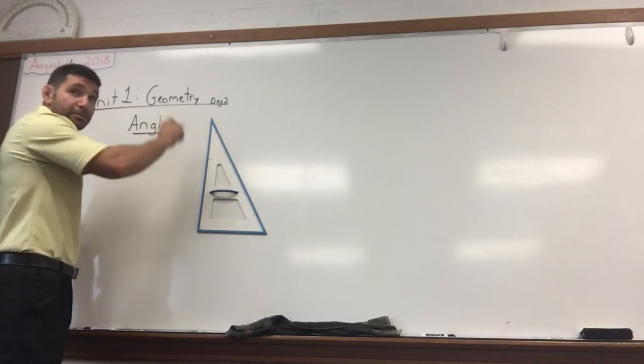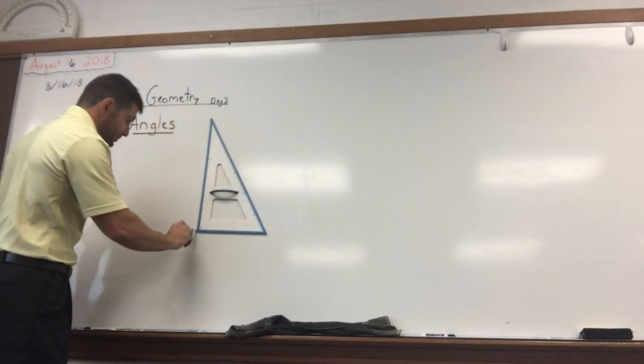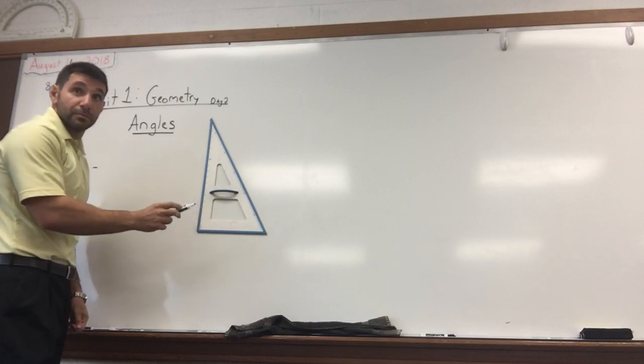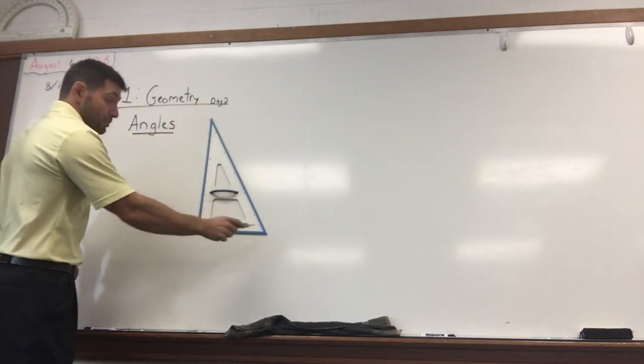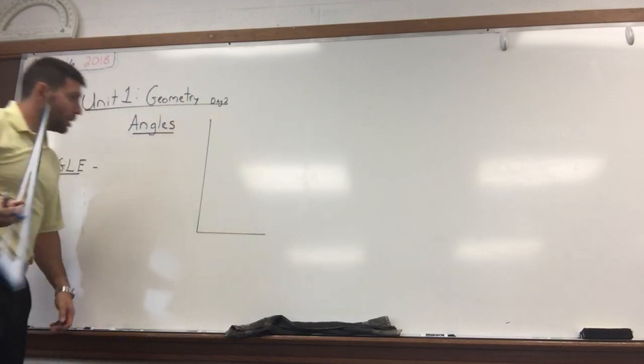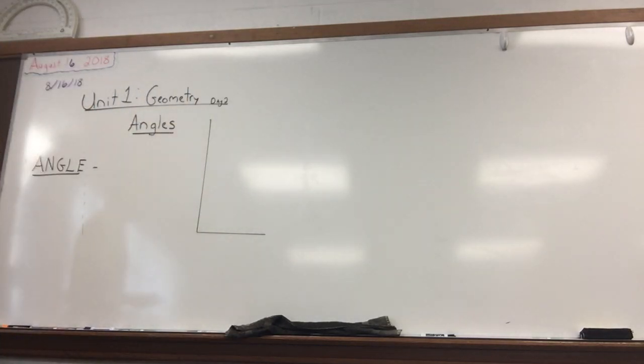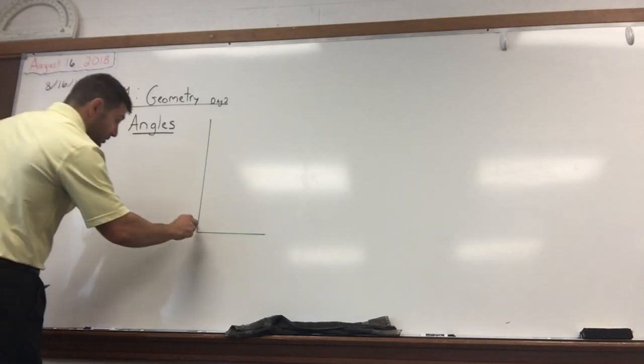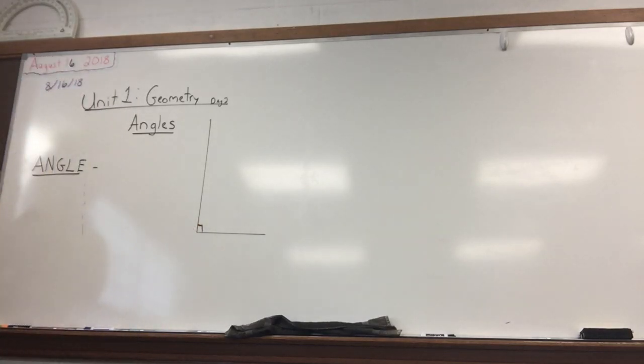Straight up and down? Yeah. Okay. Then what? To the side. The bottom? Yes. Okay. Oh, that is a great angle. And that is a right angle, which we're going to talk about later, and you're going to see this little box. That is a right angle. I love that. Okay? But what is an angle?